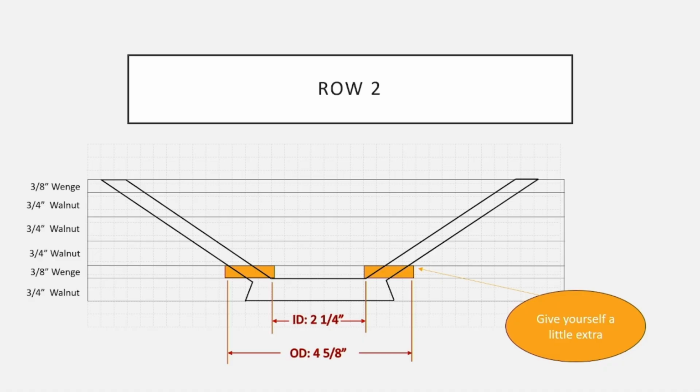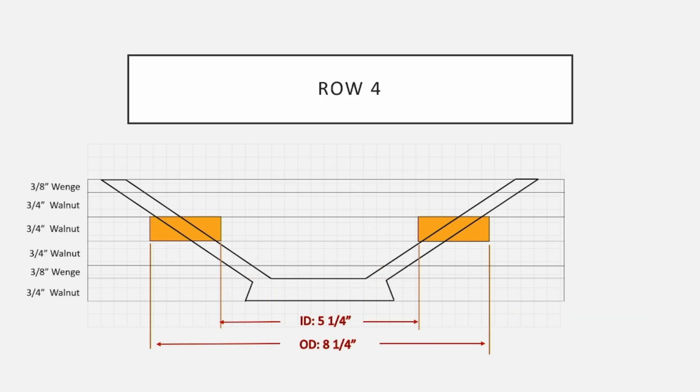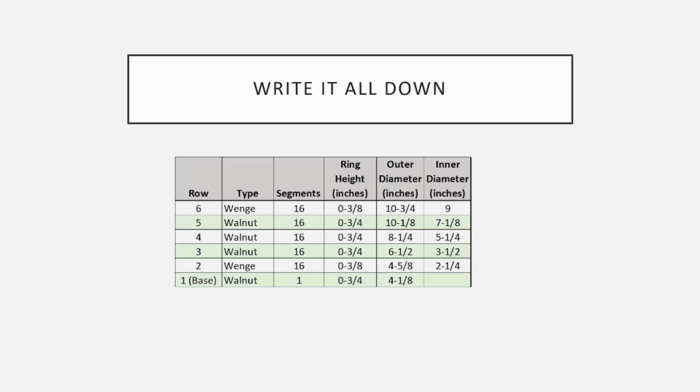I typically give myself 1/8 of an inch, both on the inside diameter and the outside diameter. And sometimes if you use software, it'll take care of that for you. And you basically just go through those and you write them all down. So now you've got a table. It's basically what your rows are, what kind of wood you're using, how many segments per ring, the height of the ring, and the inside and outside diameters. Piece of cake, right? That wasn't too bad.